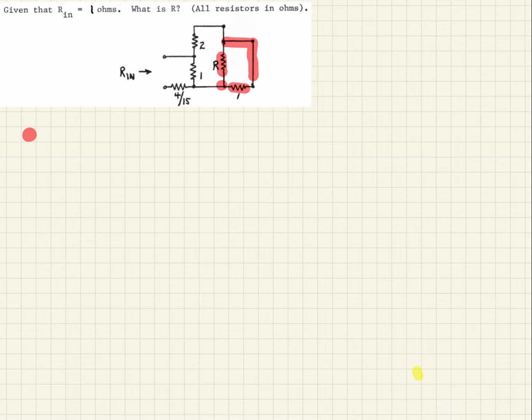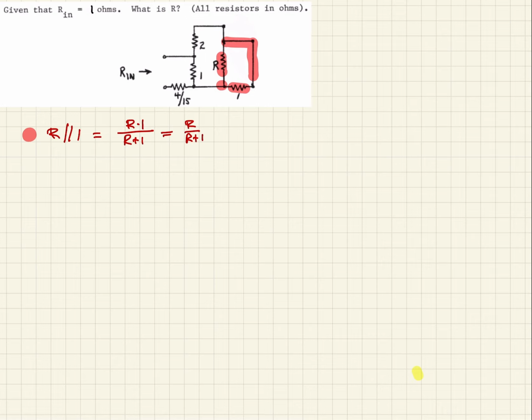And we'll calculate that new resistance as R in parallel with 1 ohm. And so to get that, that's going to be R times 1 over R plus 1, which is basically just R over R plus 1.